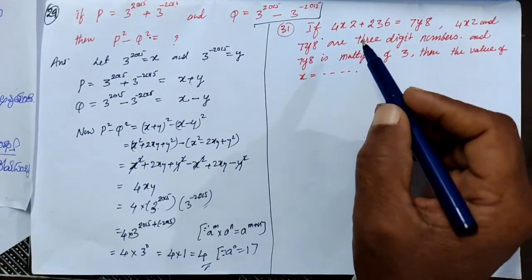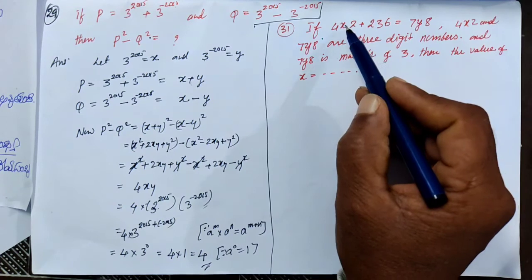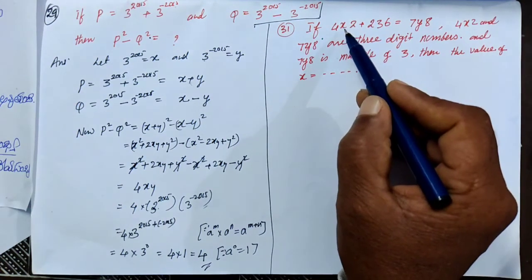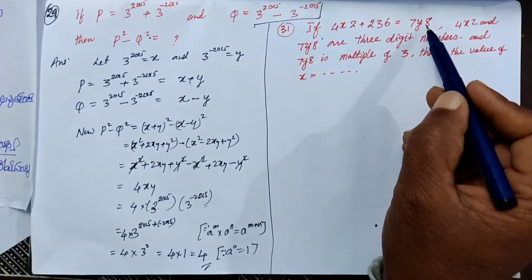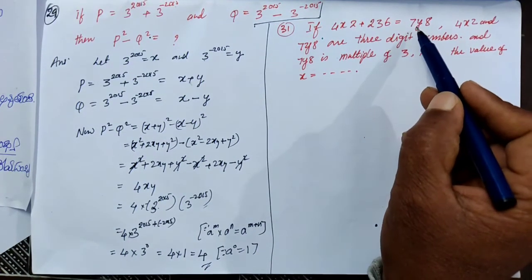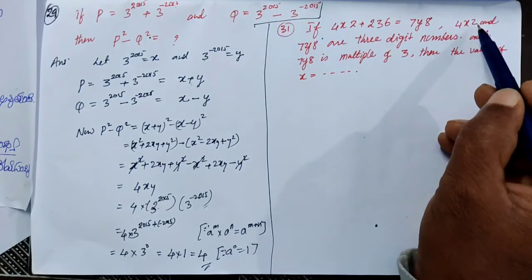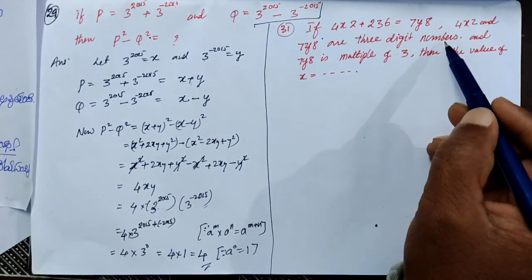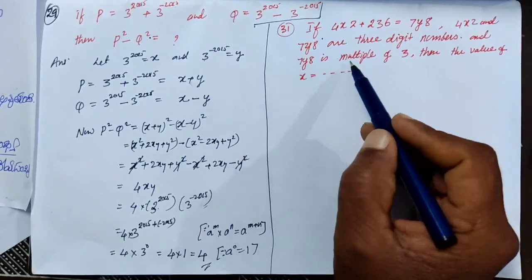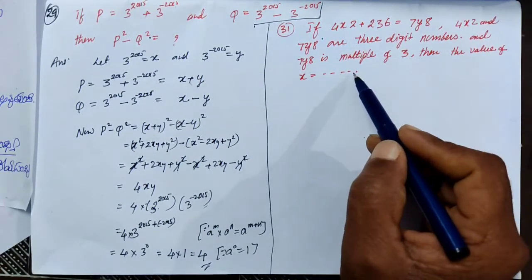So see once again. 4x2, this is 400 plus x in the tens place, plus 236 is equal to 700 plus y in the tens place plus 8. So y is in the place of tens, and 4x2 and 7y8 are 3-digit numbers, and 7y8 is a multiple of 3, then the value of x is equal to dash.